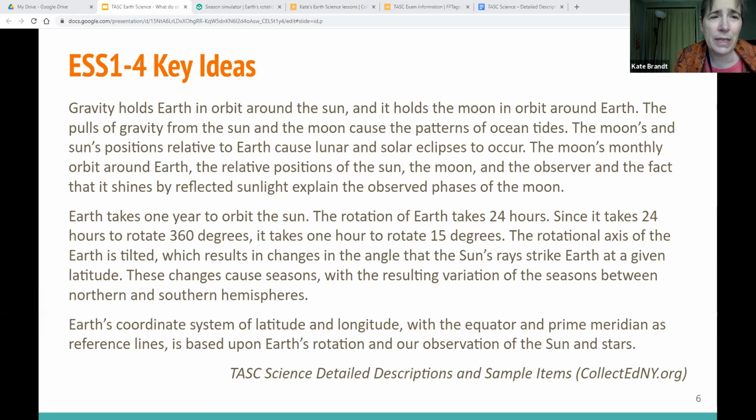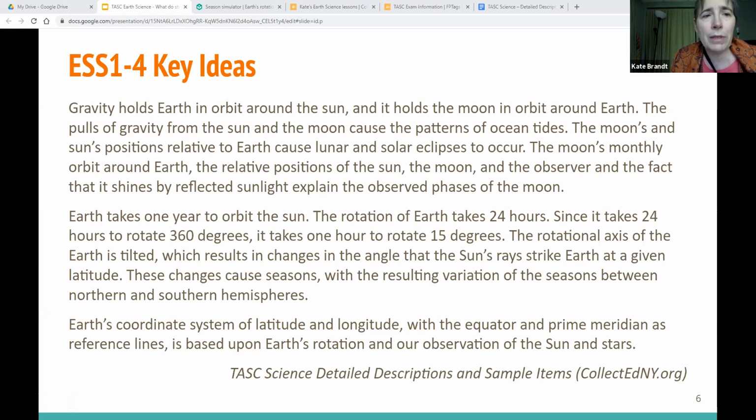The first one says: gravity holds Earth in orbit around the sun, and it holds the moon in orbit around Earth. The pulls of gravity from the sun and the moon cause the patterns of ocean tides. The moon's and sun's positions relative to Earth cause lunar and solar eclipses to occur.